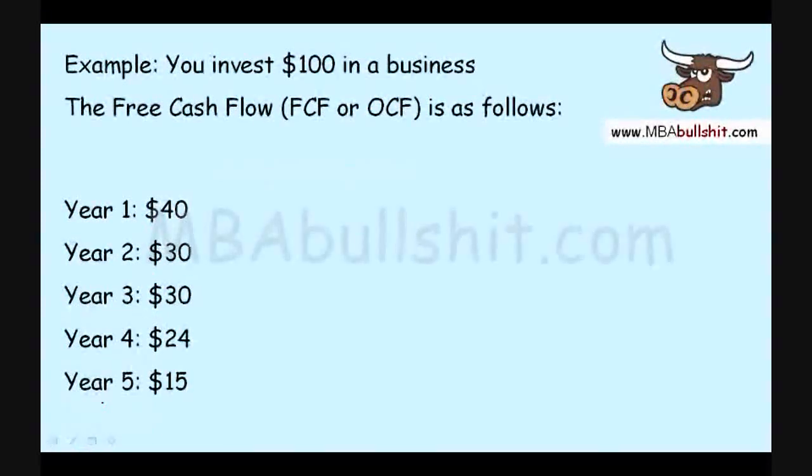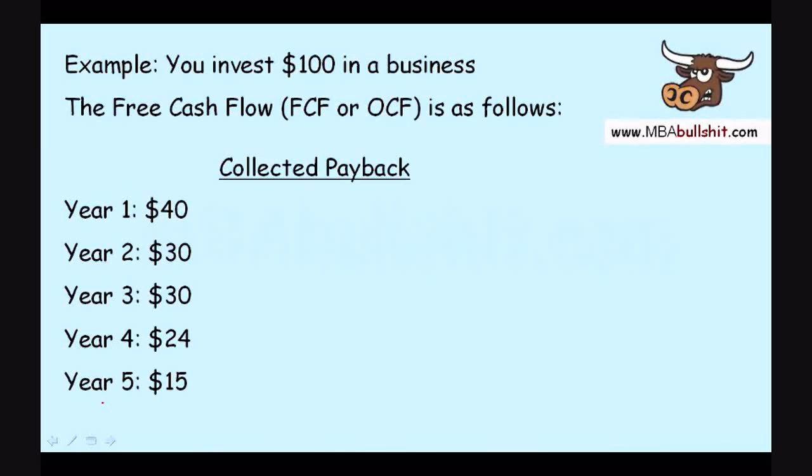To do this, you need to do a special step wherein you find out the cumulative, or total collected payback. Now, how do you do that? It's actually very simple. In year one, it's the same.